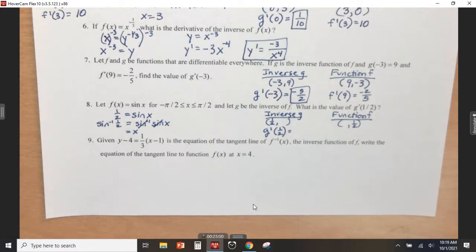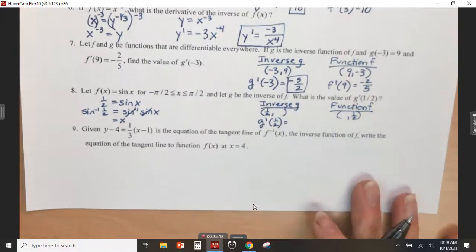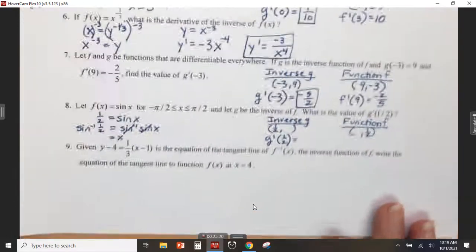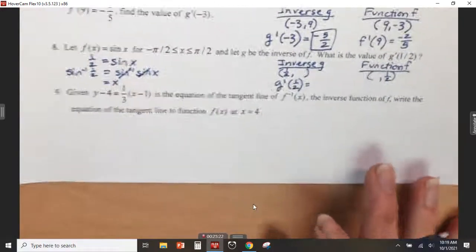It's positive. Not pi over 4, but you're close. Pi over 6. Yes, I will zoom in. It's pi over 6. That is correct.